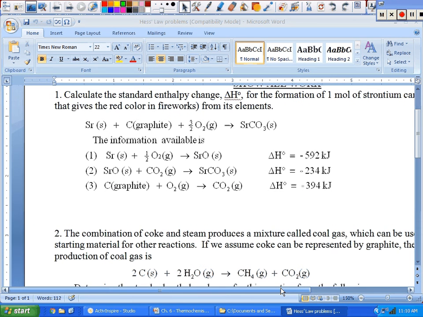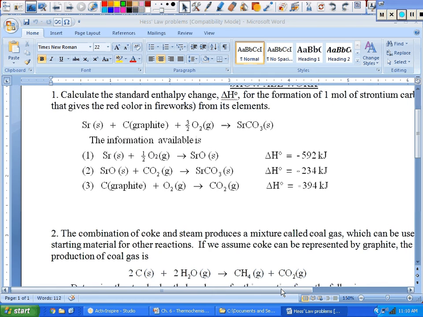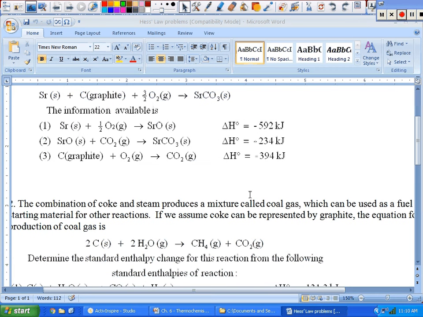And so here is our goal reaction. It's the top. And then we've got 3 different mechanism parts to it. So the first thing we need to figure out is how we can get all of these reactions to be correct.